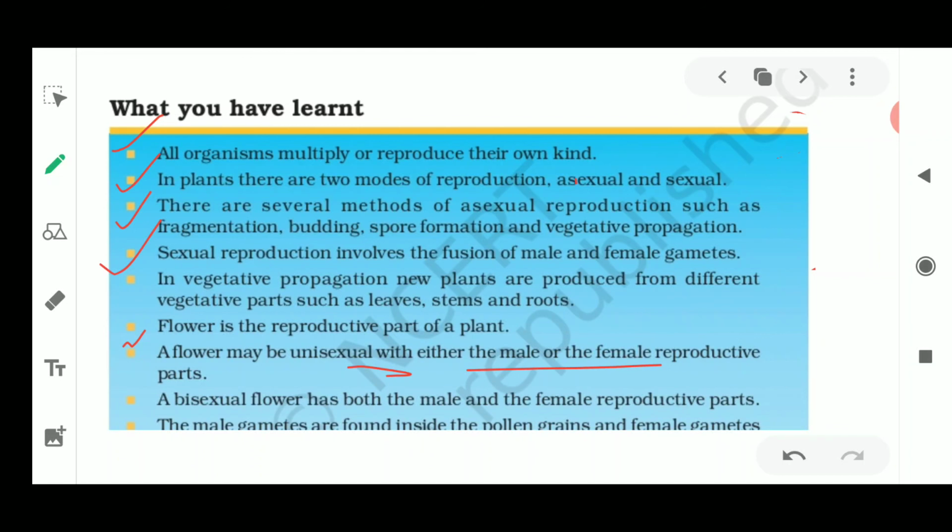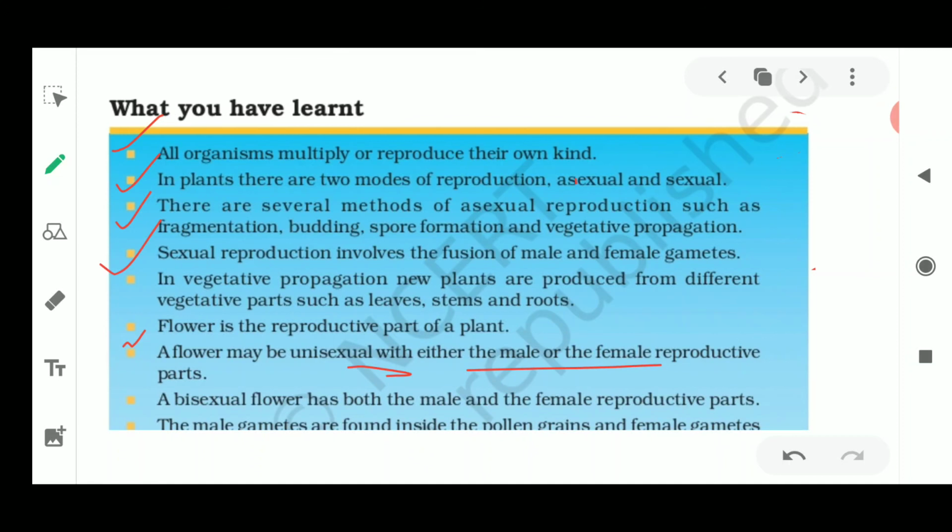For example, the papaya flower is unisexual, where the flowers are present on different plants. But sometimes in coccinea and some other plants, you could see that the flowers are different but present on the same plant.